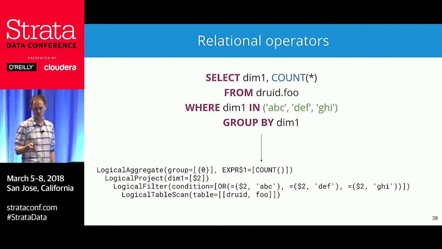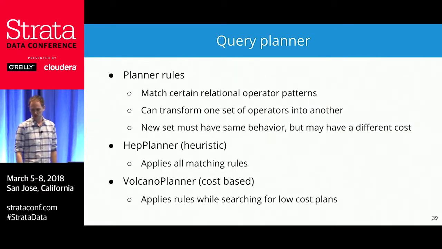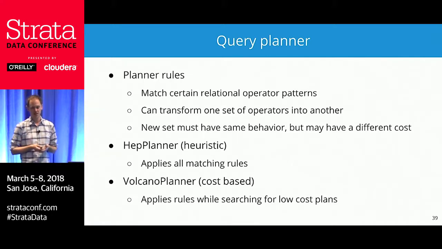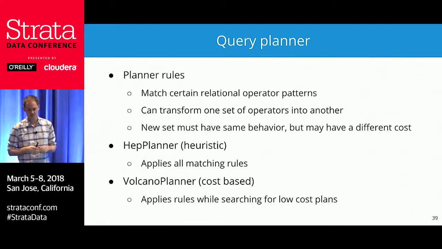Some of them do stuff like simplifying expressions, reducing expressions, that kind of stuff. So these planner rules can transform one set of operators into another. And the new set must have the same behavior, but it may have a different cost. And so by applying these transformations, Calcite will try to find a set of operators that works in the target calling convention and that has the best cost.